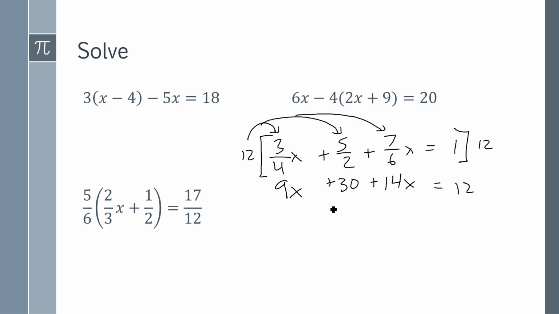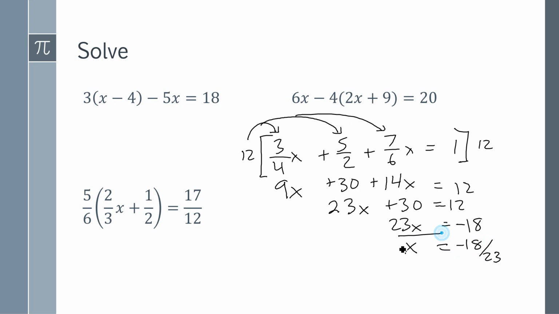Now I'll add 9 and 14. That gives me 23x. Subtract the 30. That gives me negative 18. And now I divide both sides by 23. And I get negative 18 over 23. All right. That concludes this lesson on one-sided equations.